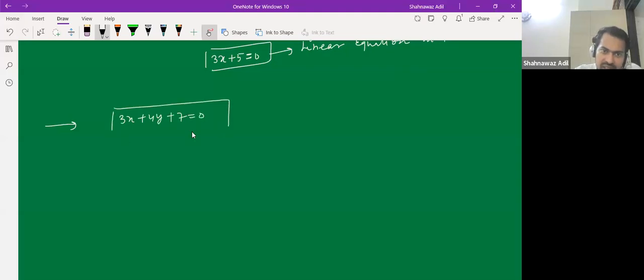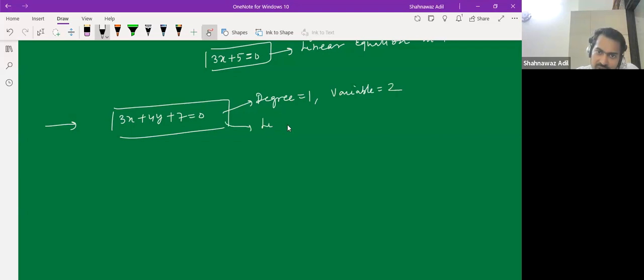So what is the degree of this equation? Degree is 1. And variables? Two. So this is what we call the linear equation in two variables.